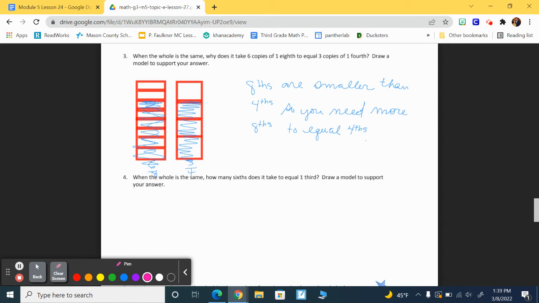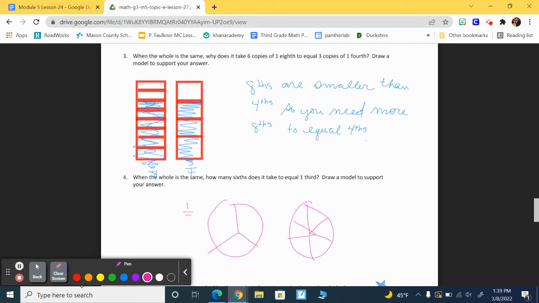All right, looking at number 4. When the whole is the same, how many sixths does it take to equal 1/3? Draw a model to support your answer. So I'm just going to draw a circle, 2 circles actually. They're not, again, not perfect, but here... it's hard to draw with these pens. We'll say this is sixths, and this one is thirds.